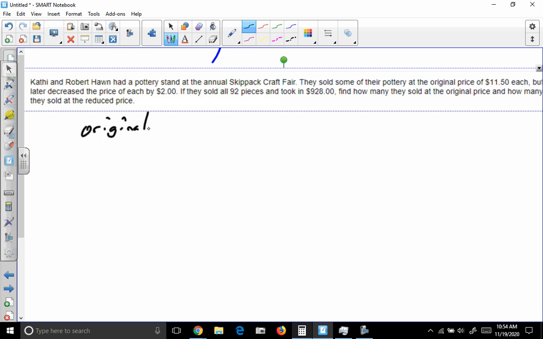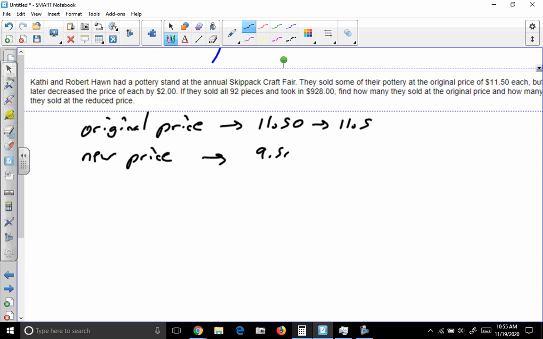So the original price, $11.50, or we could call that 11.5 in our equations. Our new price, if we decrease our price by $2, if it started out at $11.50, if we go down, we would be at $9.50, or we could call that 9.5.